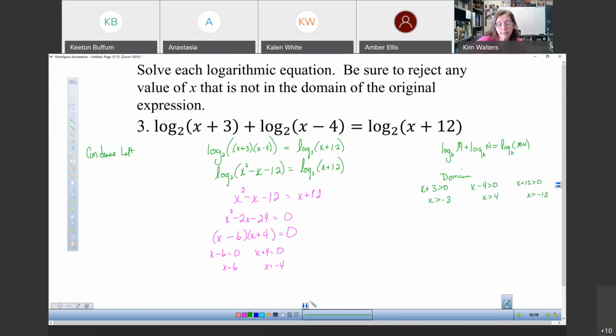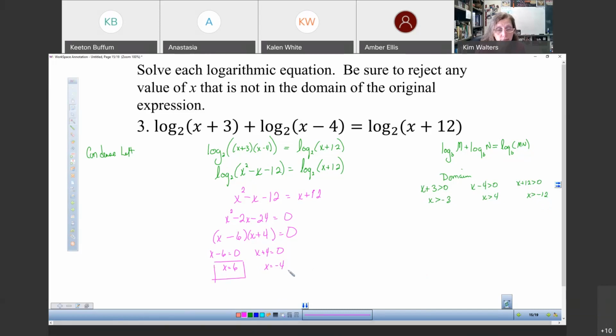Now I'm going to tell you something on here. These have to satisfy all of these, okay? So as I look at x is equal to 6, it is greater than negative 3, it is greater than 4, it is greater than negative 12. So this one is good. So this is a solution, okay?